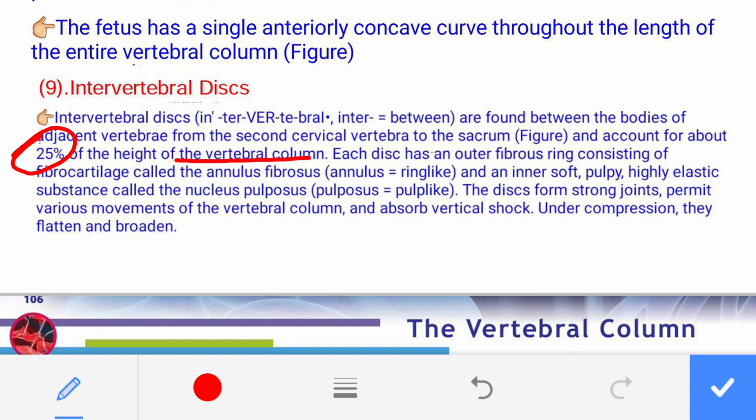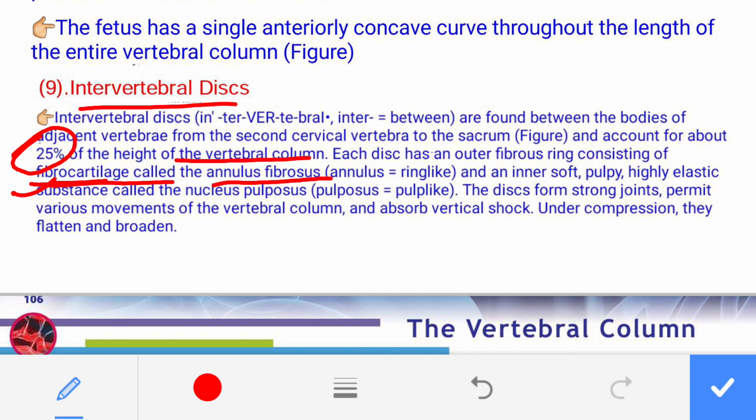Now the outer part of this intervertebral disc is made up of fibrocartilage. Approximately 12 rings of fibrous cartilage are present, and these outer cartilaginous rings are known as the annulus fibrosus.